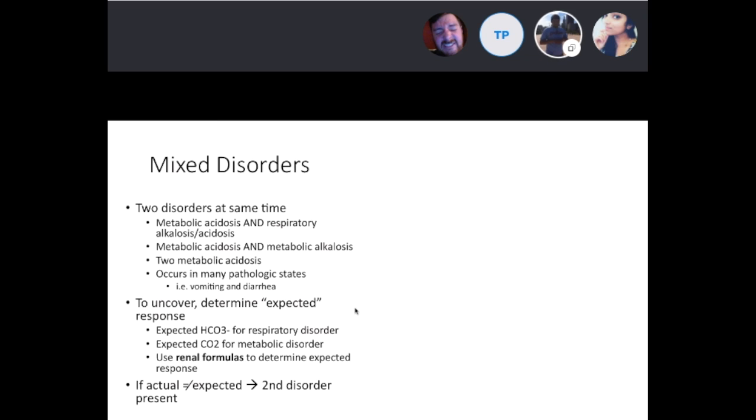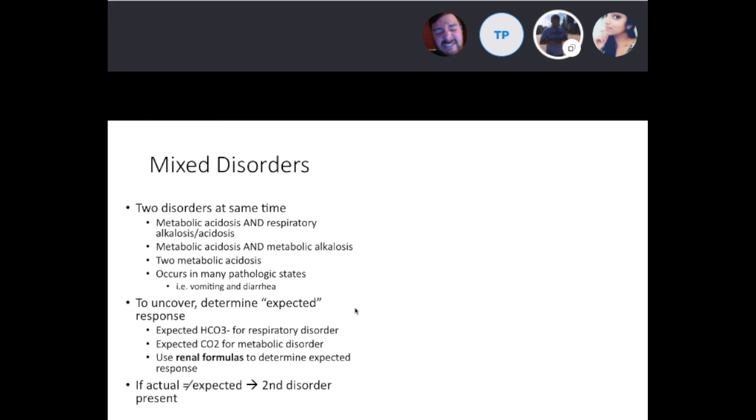So just real quick, when you have a mixed disorder, in a normal setting, actually, let me just go through this. In a normal setting, when you have a metabolic acidosis or an alkalosis, and the pH changes, it can never compensate to the normal pH. So it can never go back just alone to the normal pH.